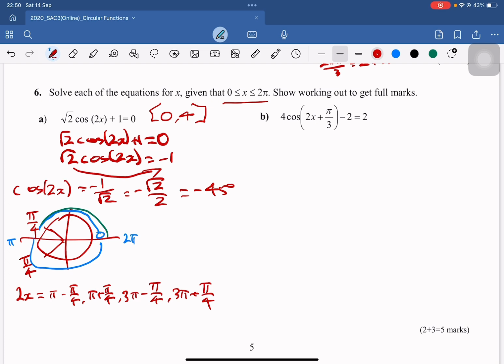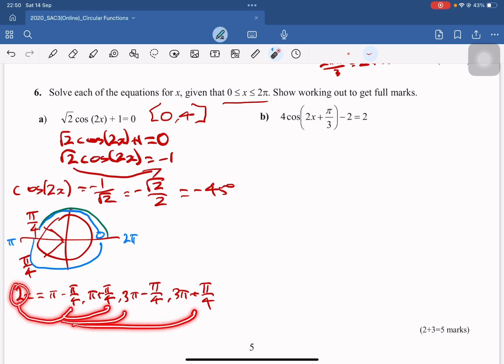Now you're going to simplify all these answers. You're going to work out what pi minus pi on 4 is, and basically get what these are, and you're still going to have a 2x in front of it. And in order to get rid of this 2 in front of the x, to get x by itself, you're going to need to divide every single one of these answers that you get by 2, right?